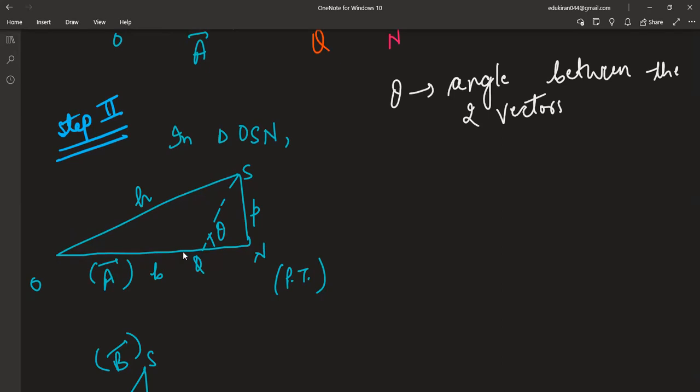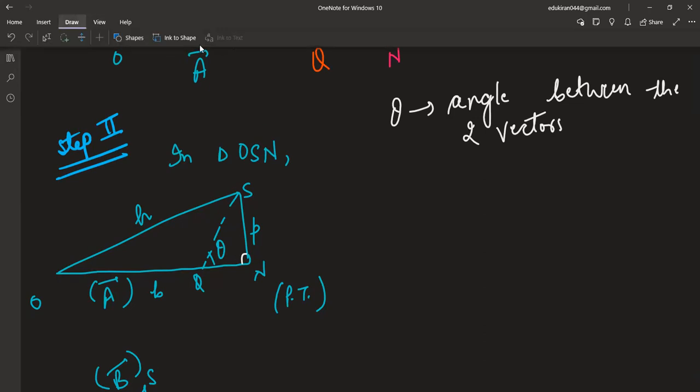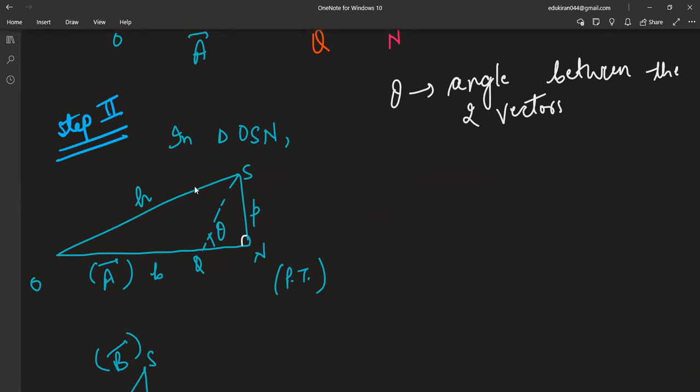OQ is vector A. QN is the construction we did, a 90-degree perpendicular we made. This is theta, the angle. Now I have to find out OS. OS squared will be equal to ON squared plus SN squared.